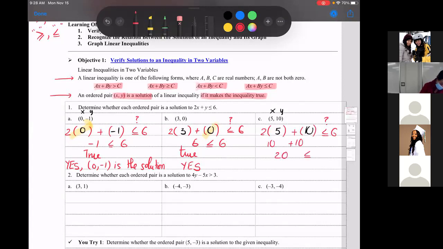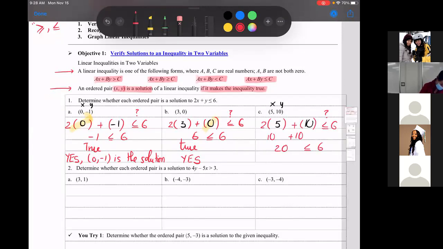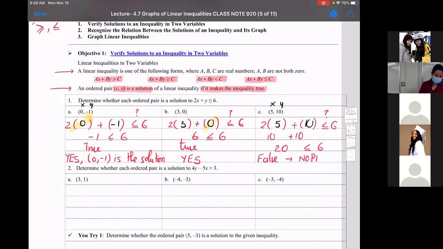Is 20 less than or equal to 6? True or false? False, right? So nope, (5, 10) is not a solution.